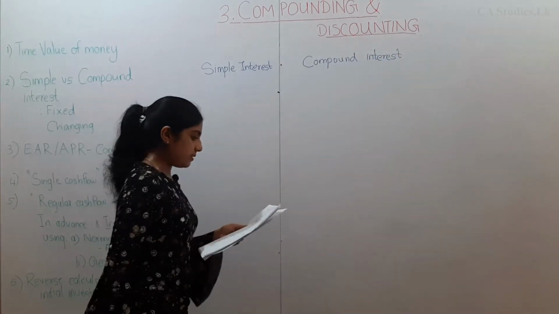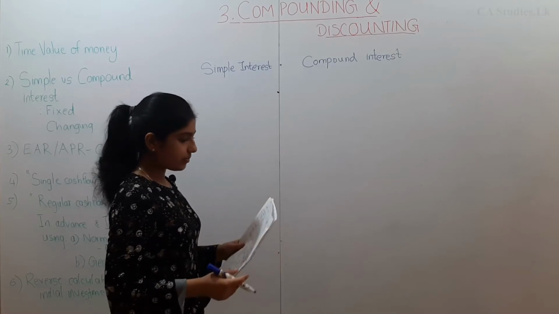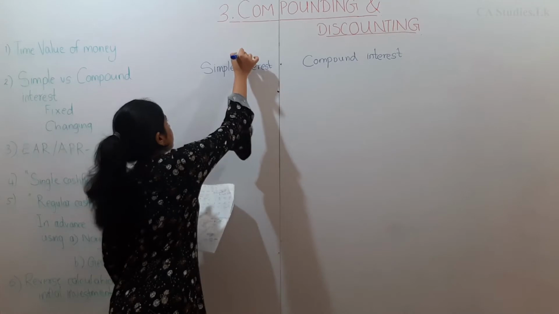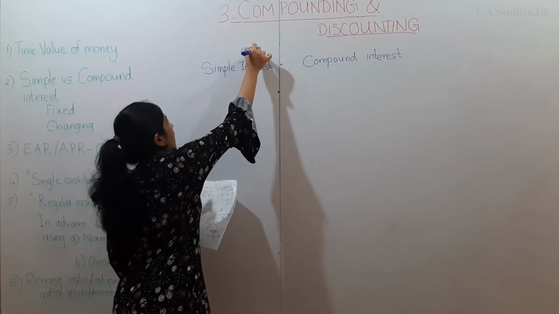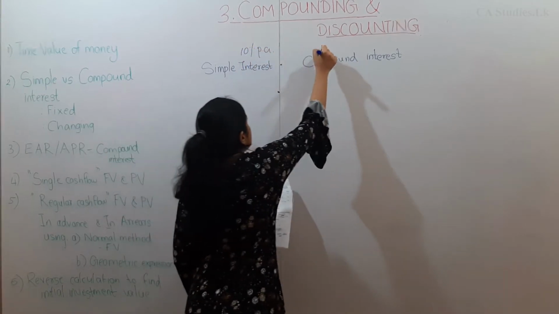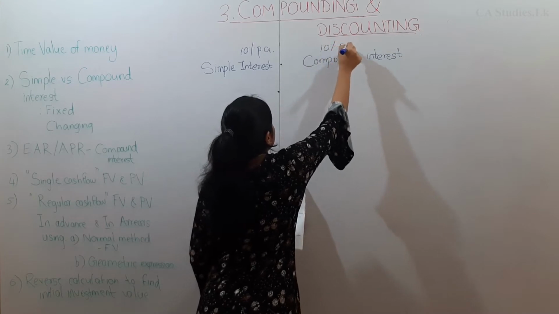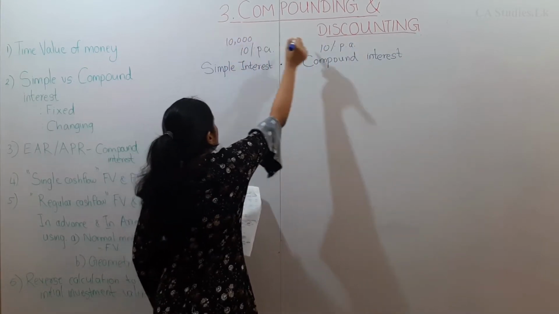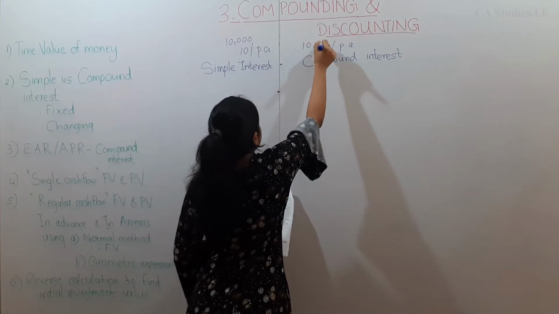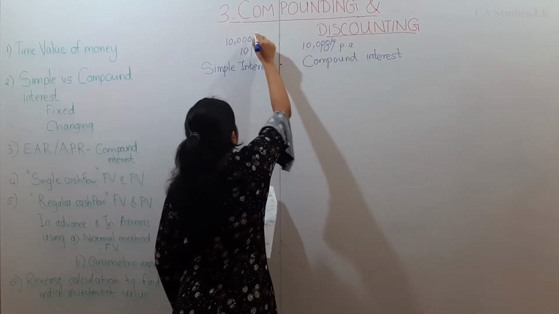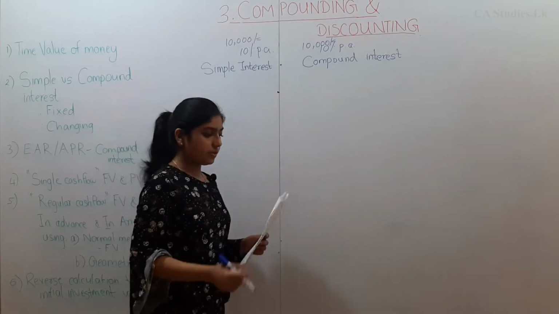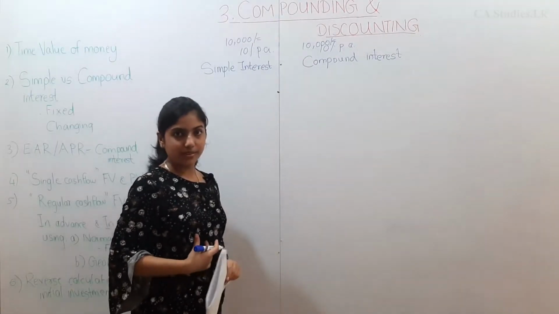Let's take the first example where interest has been calculated at 10% per annum on original investment value of 10,000 rupees. Here it's also the same. Find the year end or investment period end investment value.